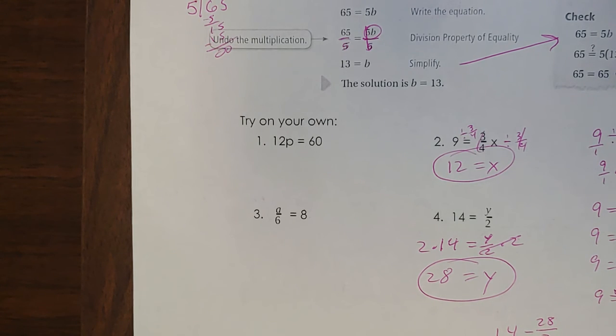So how many times does 12 go into 60? 5. Yep. Then what are you going to do for 3? Multiply.